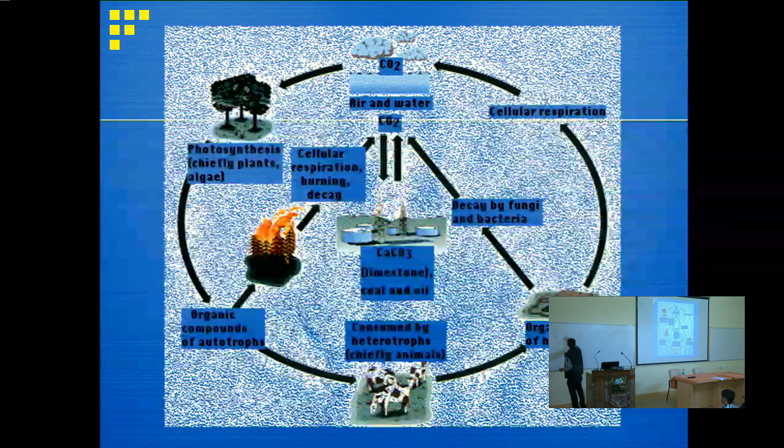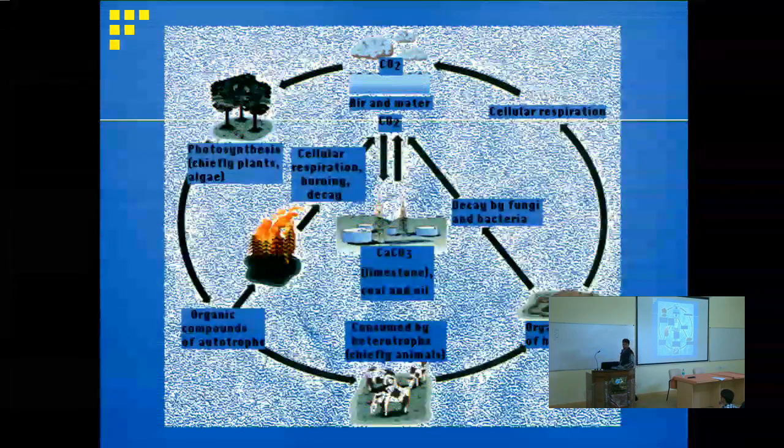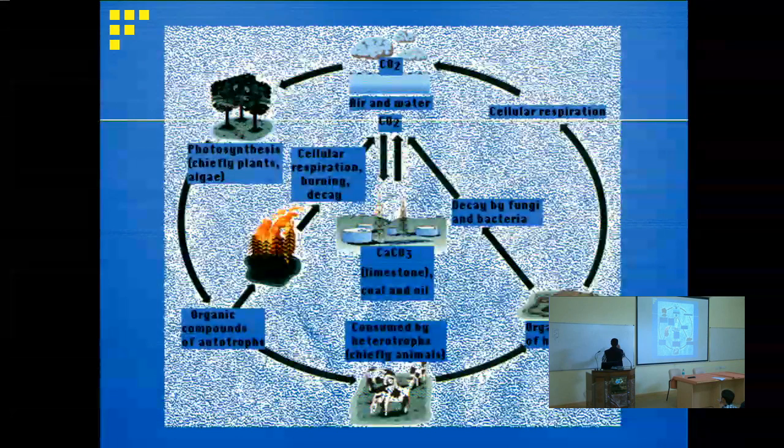Volcano. I told you, the natural source of CO2 is volcano. So you have CO2 in the atmosphere. How is the CO2 taken up by the plant? Photosynthesis. And the CO2 which you have in the atmosphere, the majority of it is coming from volcanoes.